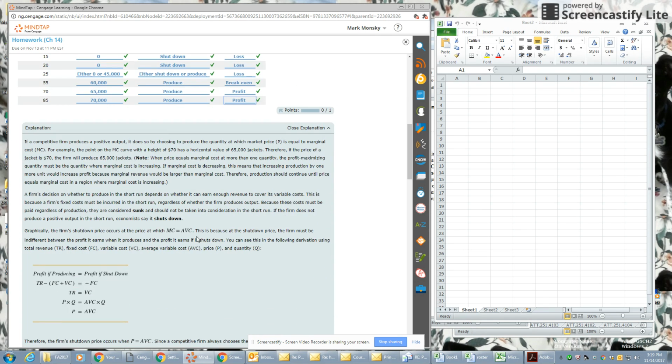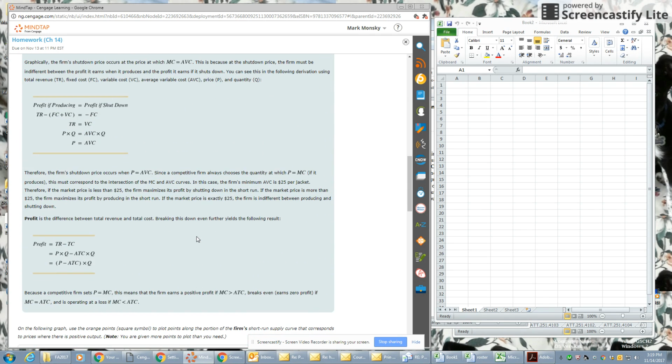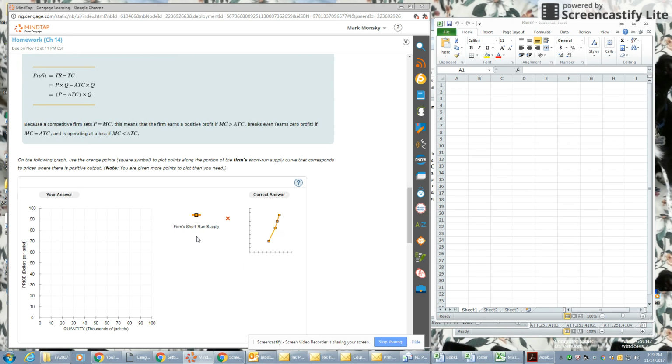All right, moving along here. Our next question: we want to build the firm's short-run supply curve. At different prices, the firm is going to be willing to supply goods.